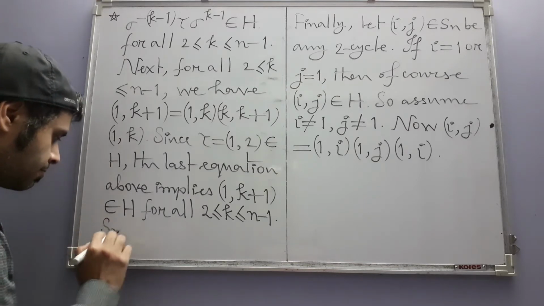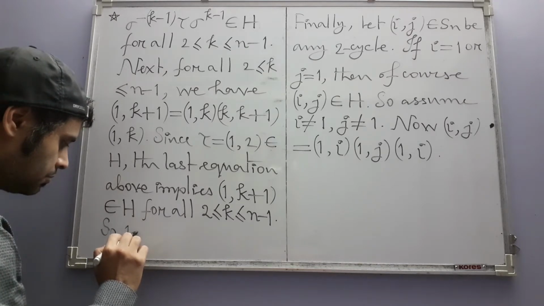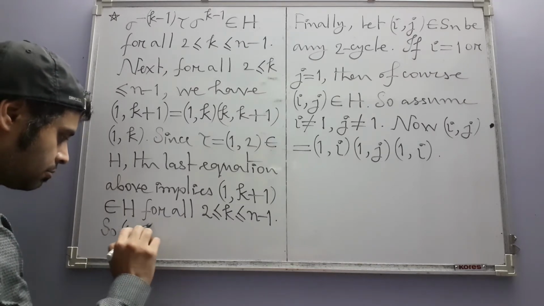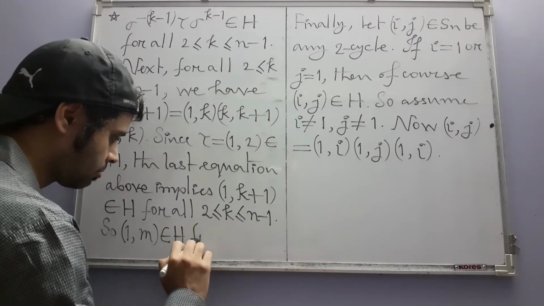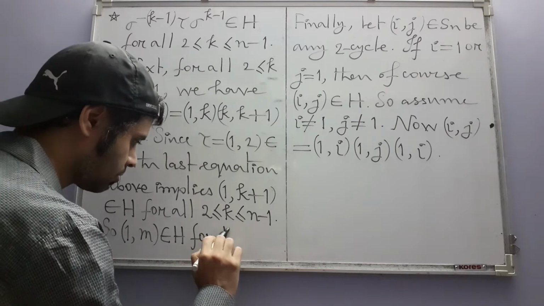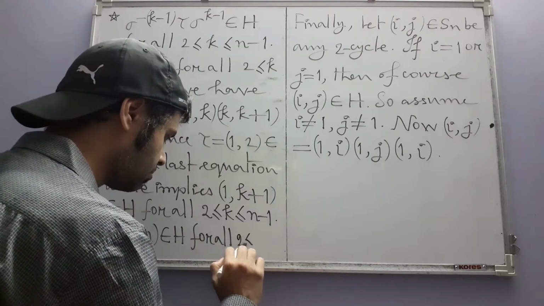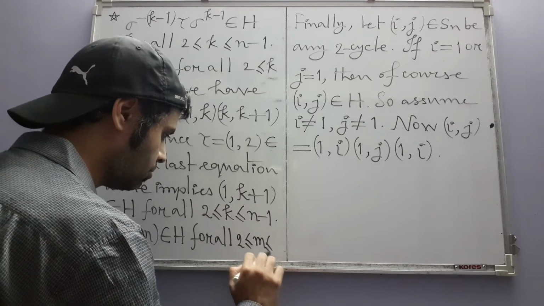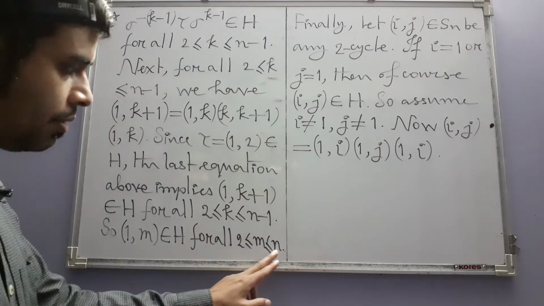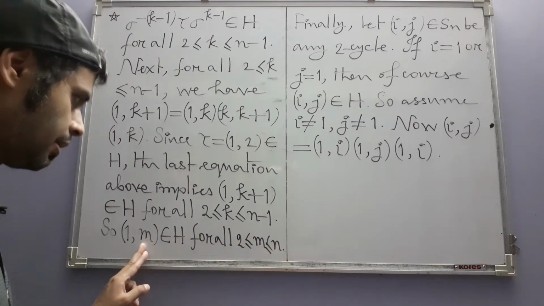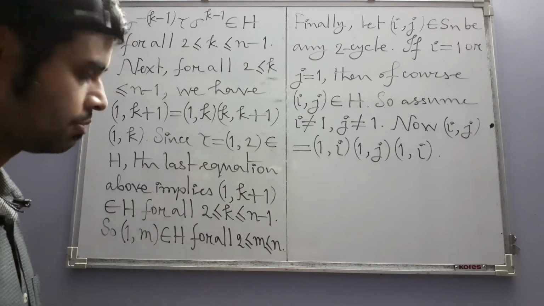So (1 m) belongs to H for all m varying from 2 to n. This time n because we have just m. Here we had n minus 1 because we had k plus 1.